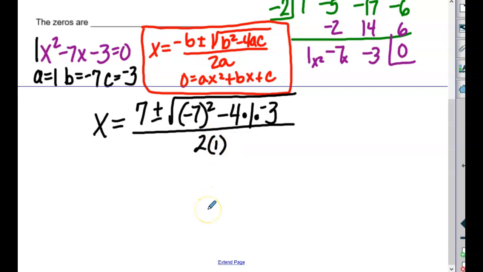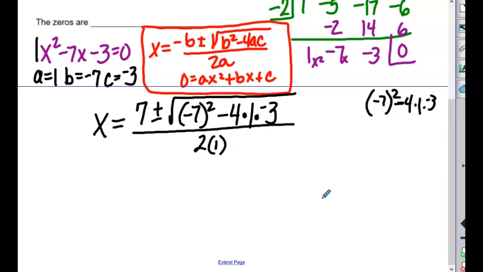Okay, just type in what's under the radical. Do not type the radical in. If you type -7 squared minus 4 times 1 times -3, everybody please check that you can get that correct. Is it 61?